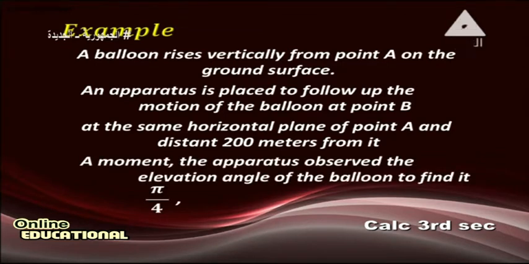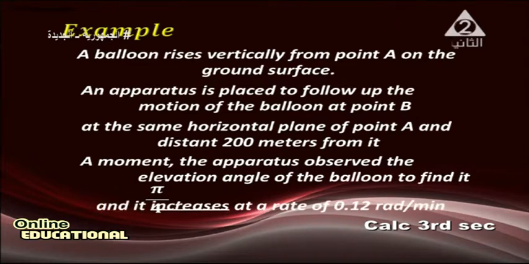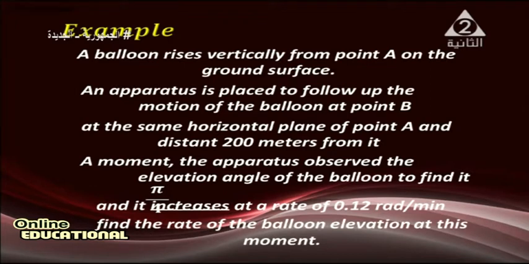At a moment, the apparatus observed the elevation angle of the balloon to be π/4, and it increases at a rate of 0.12 rad per minute. Find the rate of the balloon elevation at this moment.